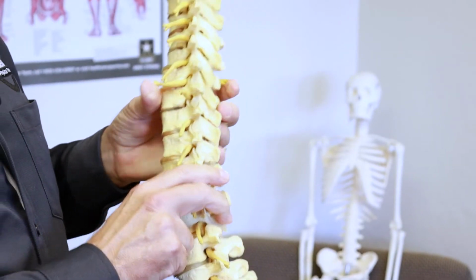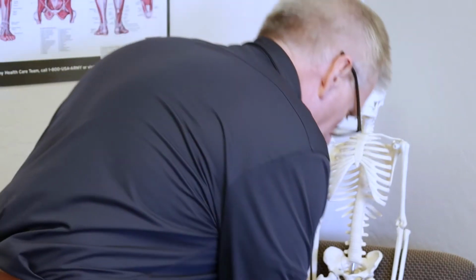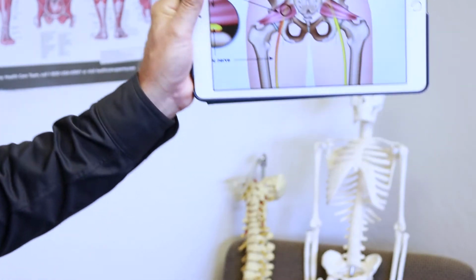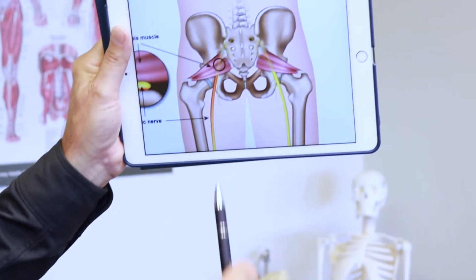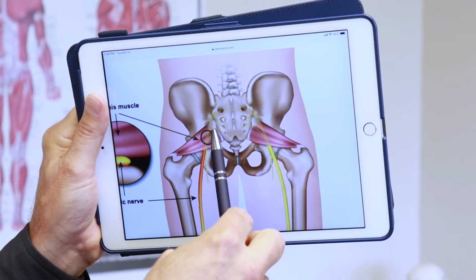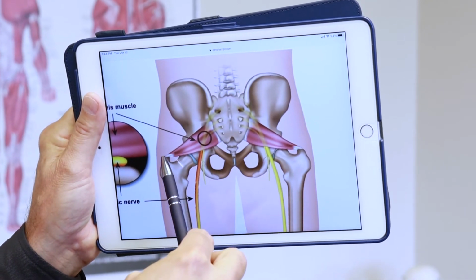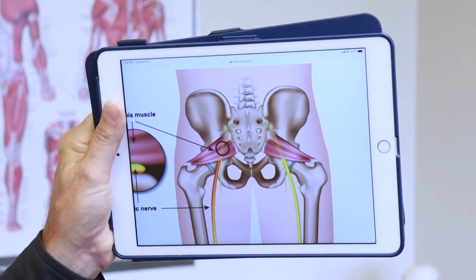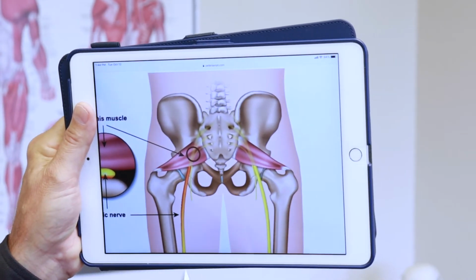The piriformis muscle, I'm going to show you a picture of that. We're looking at the back of the pelvis now, and you can see the piriformis muscle comes off the sacrum, a little bit high on the sacrum, and then comes over to the greater trochanter, or the hip point that you can feel on the outside of your hip.